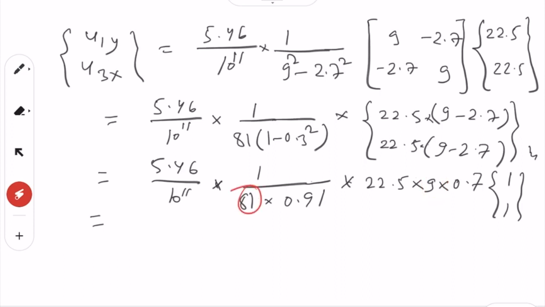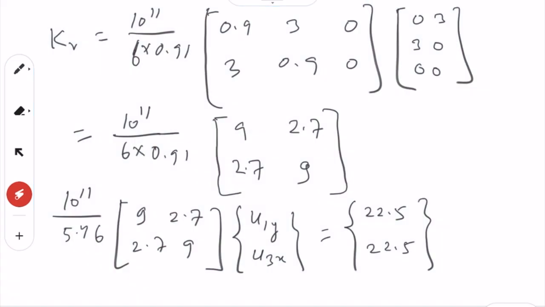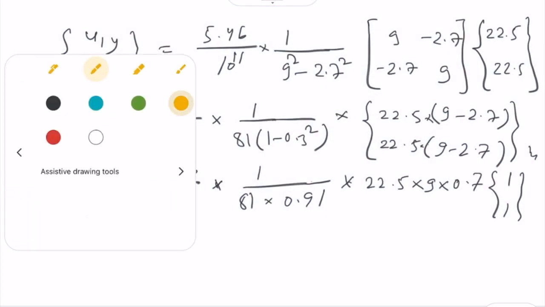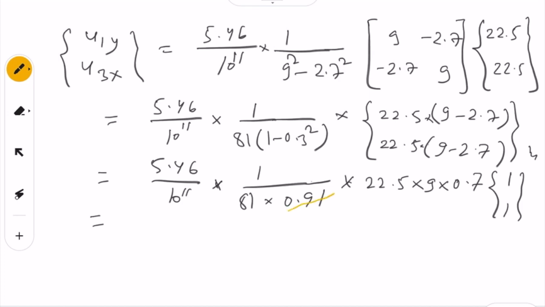Actually we got this one by multiplying this one. So 0.91 multiplied by 6, we got this one. So let's write here. This one is 6, that's what we get, and from here this 9, we get 9 here. Okay, so our equation is straightforward now.